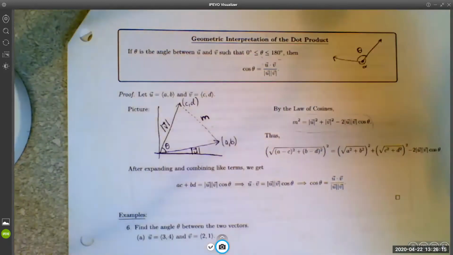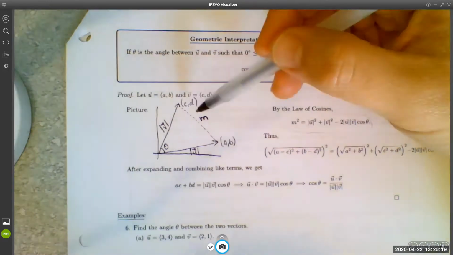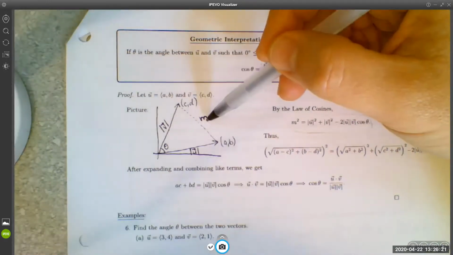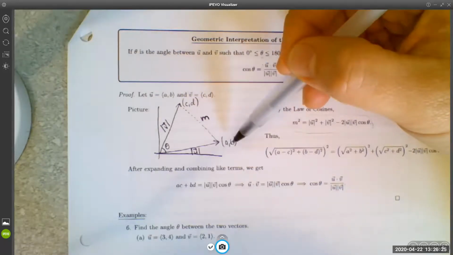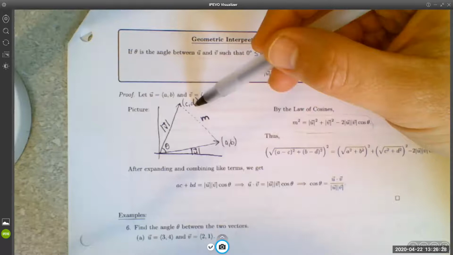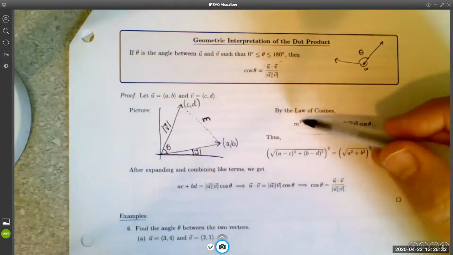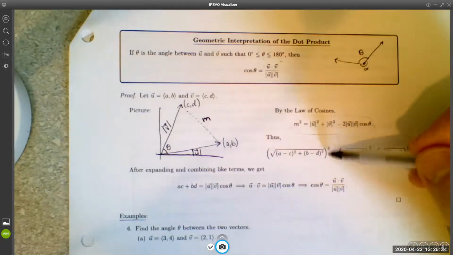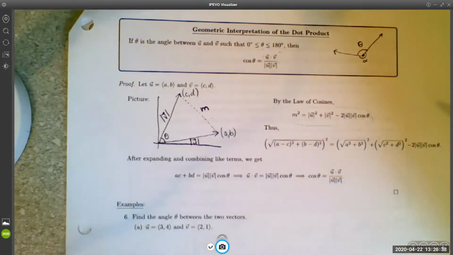Now, if you think about what M should be, using the distance formula, M is the square root of (A minus C) squared plus (B minus D) squared. So M squared is the square root squared, which of course just cancels off. You can do the same thing with u and v.